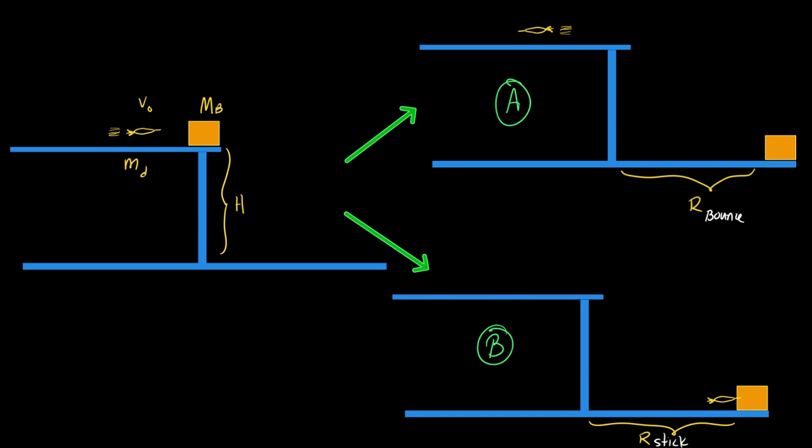Now, can you envision this question? Like a question in which they're going to ask you which one is greater, R bounce versus R stick? Because I can envision that being a question. So what I'd like you to do is to first see if there's any stage being left out. I think there is. And from there, let's see if we can find ways of talking to the problem.